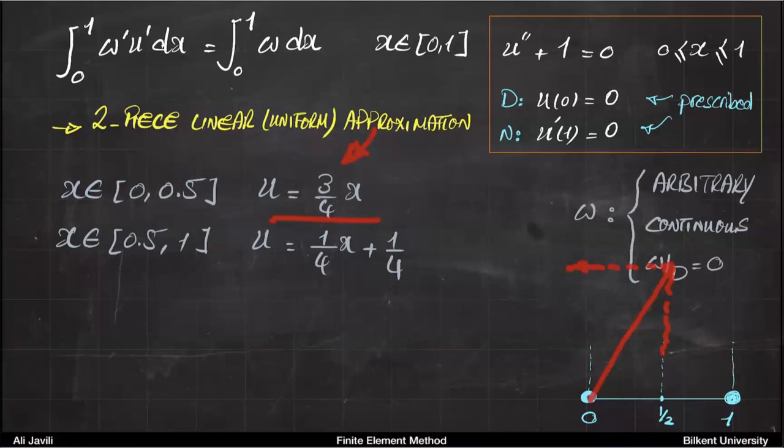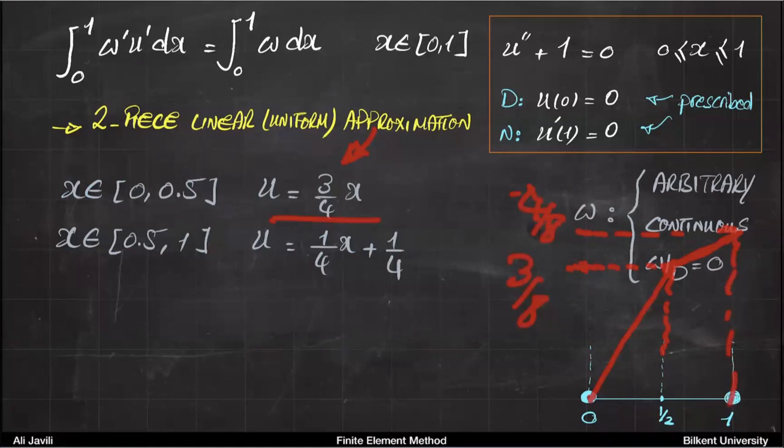Now after that, it would be a line with a slope of 1/4, which at 1 hits 1/2, which is 4/8. So let's call this 4/8. Let's call this 3/8.